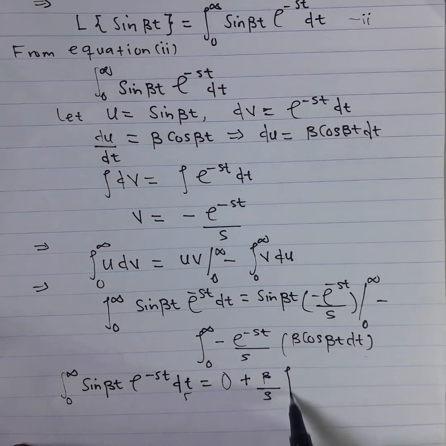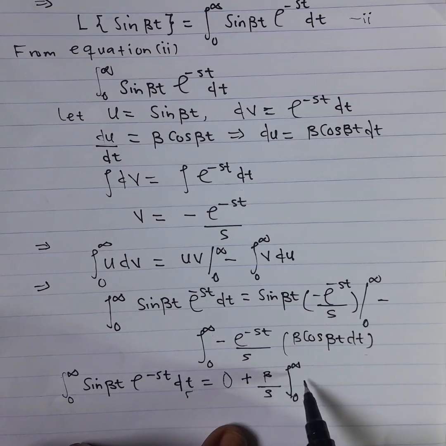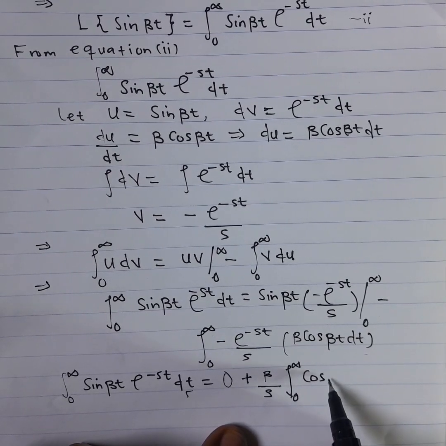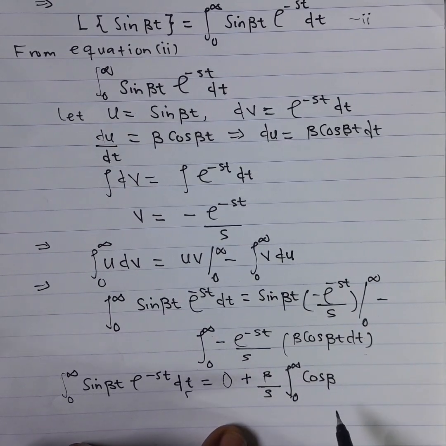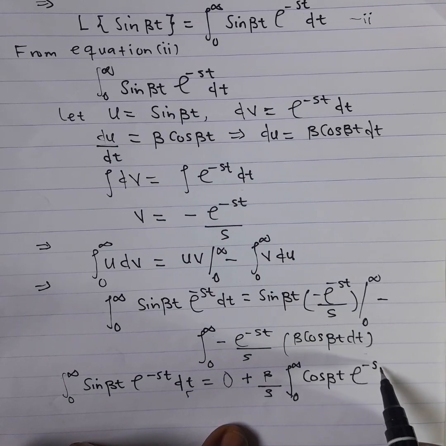Then we have the integral from 0 to positive infinity of cos beta t exponential minus st dt.